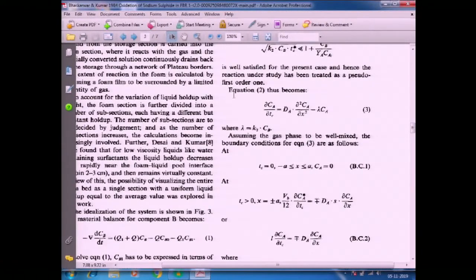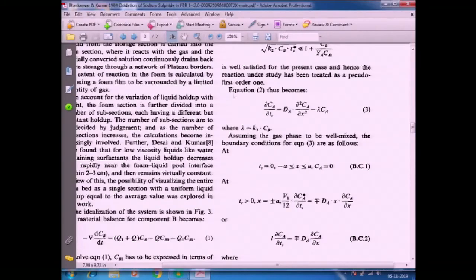what is depleted from within the gas pocket is what is gained by the liquid. The liquid film has area S, and the flux is dA dou Ca by dou x. Since we place the origin at the center, when you go from the origin towards x equal to plus a, you see oxygen concentration rising. So, dou Ca by dou x is positive, and the left hand side is negative.